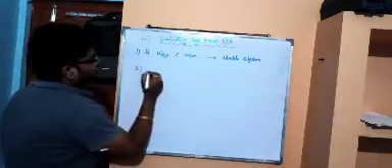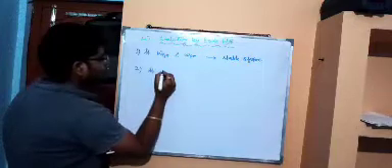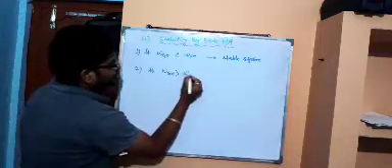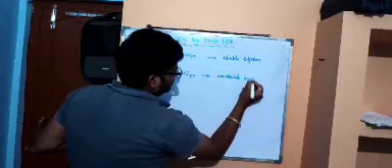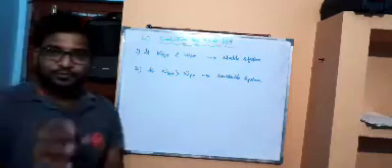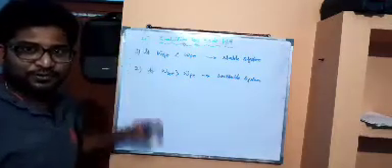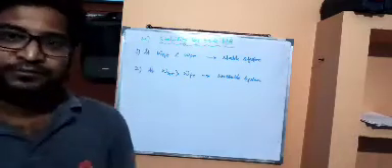Second point is, if omega GC is greater than omega PC, that means the gain crossover frequency is greater than the phase crossover frequency, at that instant the system is unstable. We have drawn a random Bode plot for understanding the parameters related to the Bode plot.